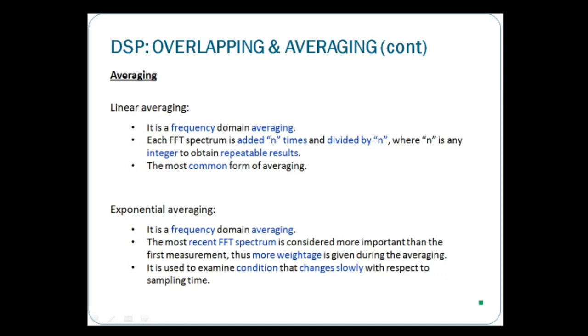So exponential averaging, that is also a frequency domain averaging. The most recent FFT is considered more important than the first measurements. So a lot of the time when you start the measurement, probably it's still not stable. The machine is still not stable. Maybe you have a lot of noise coming in, electrical noise or whatever.